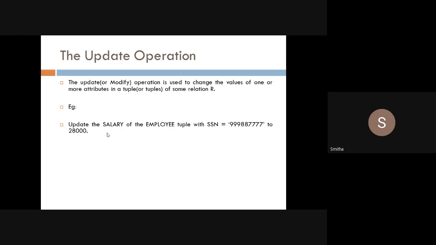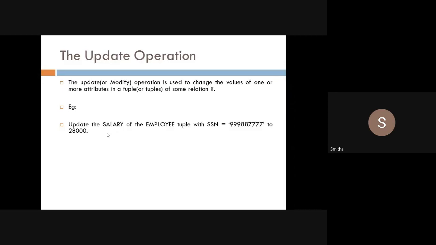I want to modify the existing salary. Suppose some particular employee has a 20,000 salary. Next year if they are raising it by 8,000, then they will change it to 28,000. From 20 to 28 they will change.